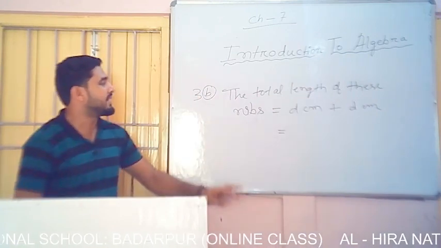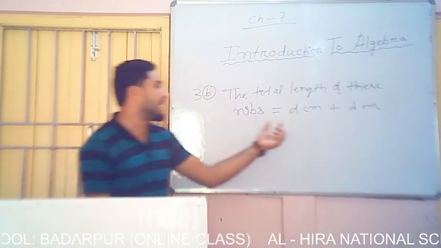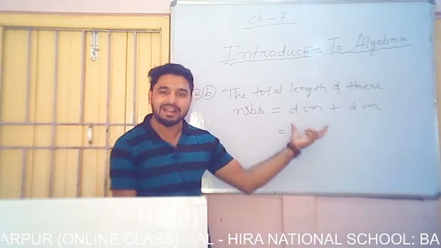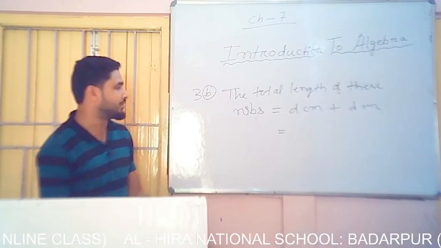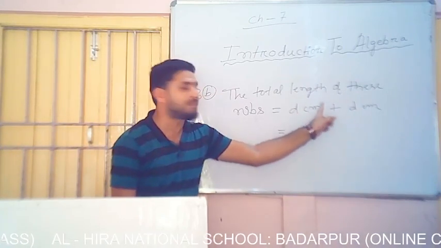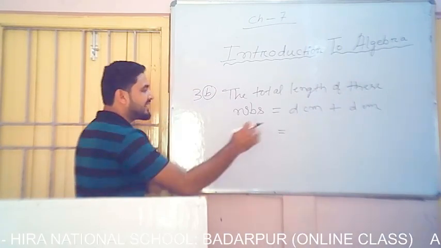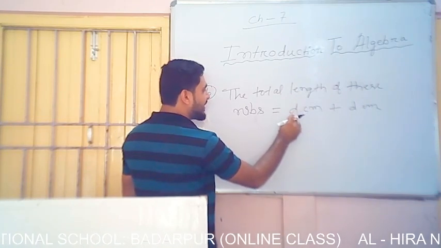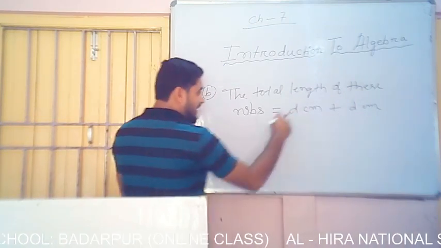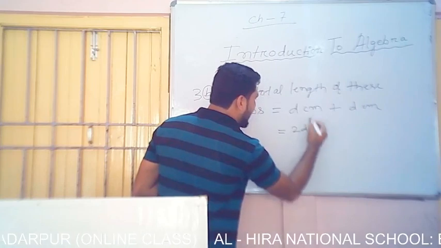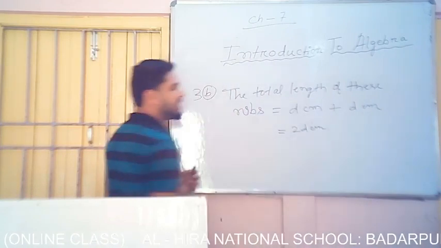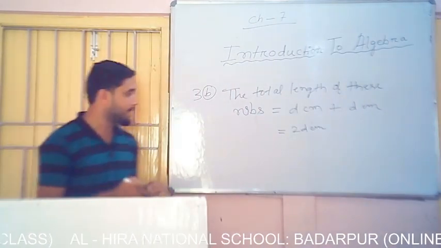I said earlier that if I add the measurement of the 2 nibs, then we will get the total length. So I added D centimeter plus D centimeter. Then if I add, I will get 2D, because here is 1D and there is another D. So I will get 2D centimeter. This is the unit of the length.